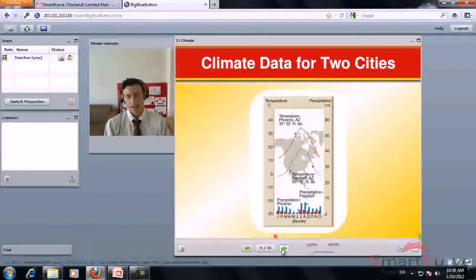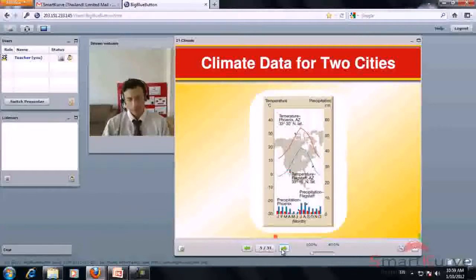And the months of July and August are the wettest. They have the most precipitation. So notice a couple of things. Notice first that for both cities, the hottest months are also the wettest months. So the months with the highest temperature are also the months with the most rain.